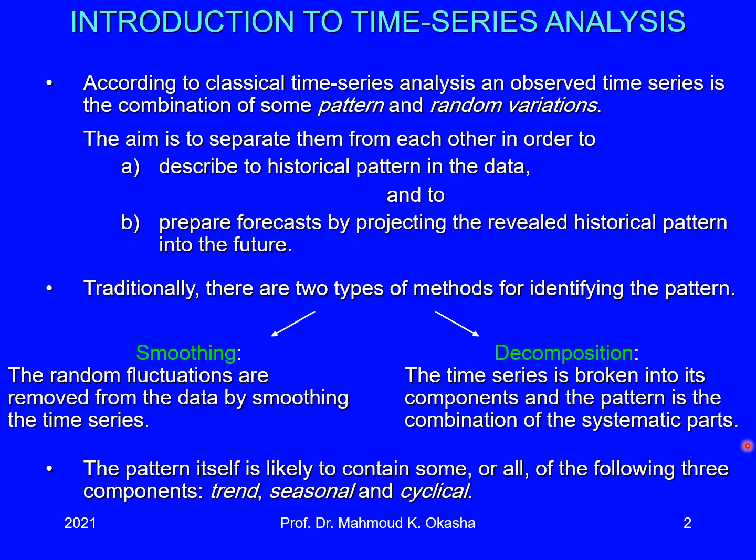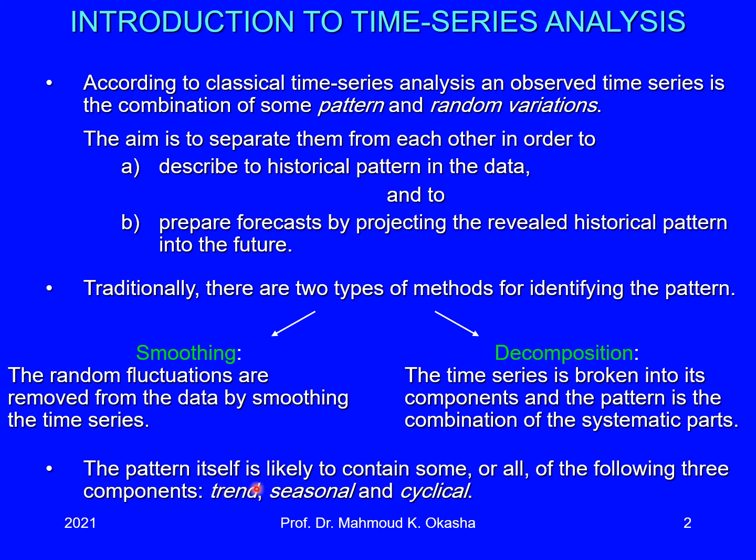Three main systematic components: trend, second is the seasonal fluctuation, and the cyclical fluctuations, or the cyclical component. And the fourth is the random, the errors, usually. So every time series contains either one or two or maybe the three components. So we want to select these components.